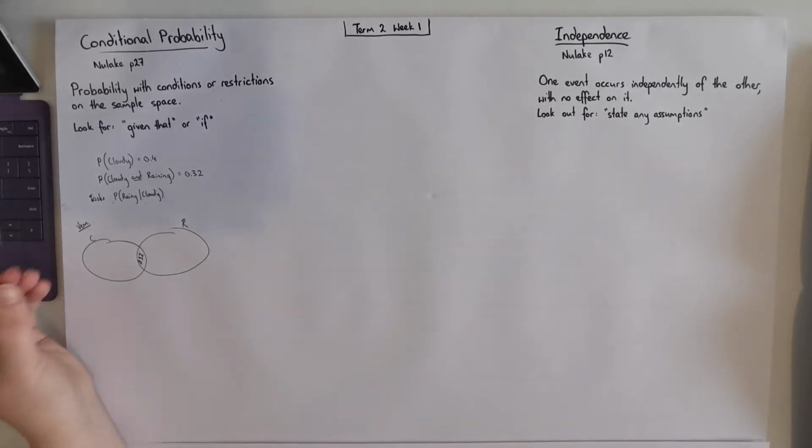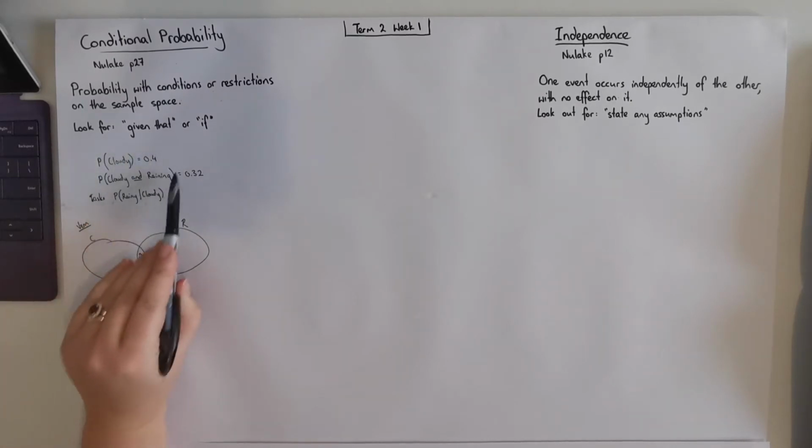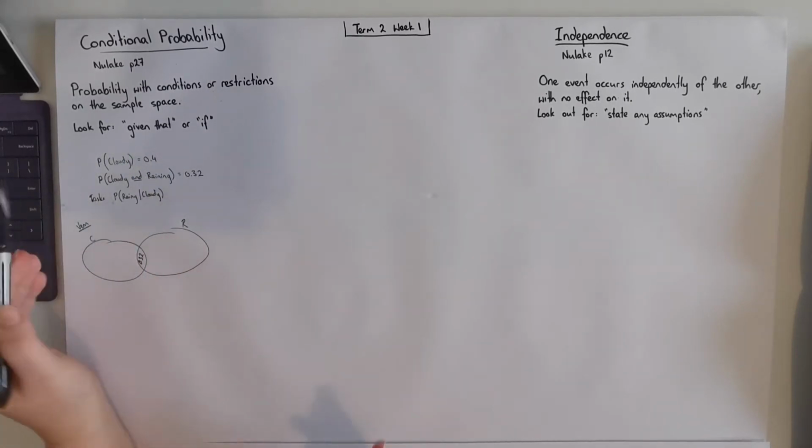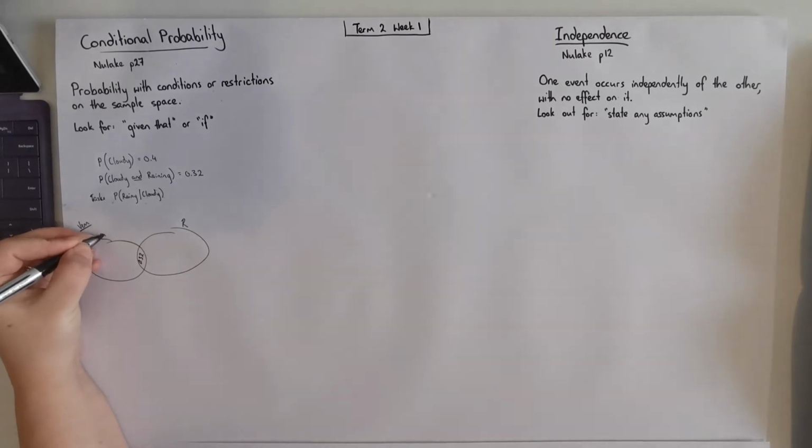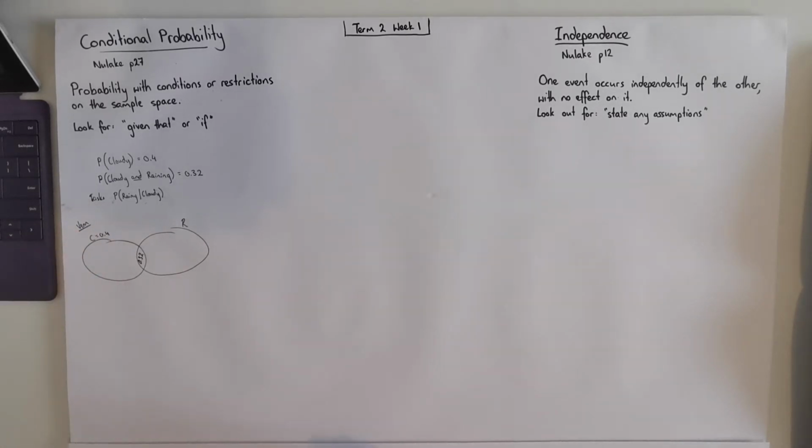Now, because we've got this probability of cloudy only, some of you might be tempted to put that in this remaining space within the cloudy circle. However, that cannot happen because this is the total probability of the weather being cloudy.